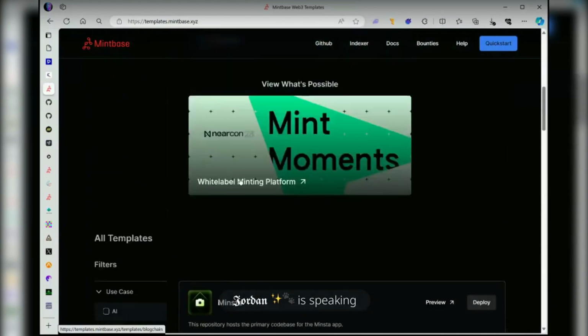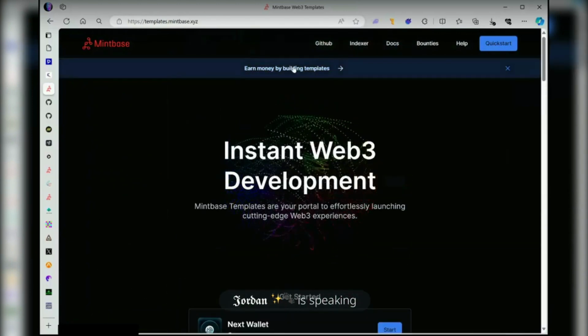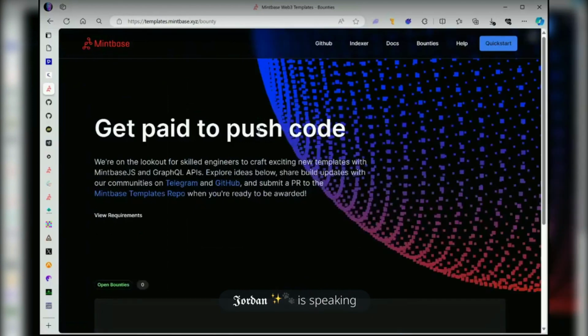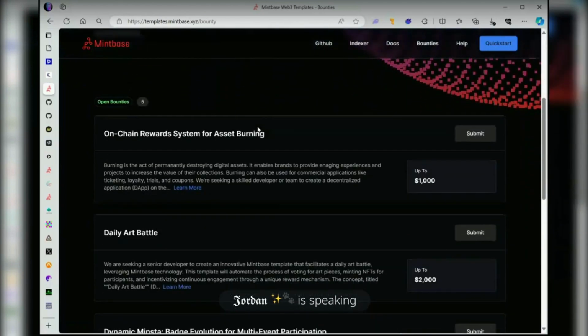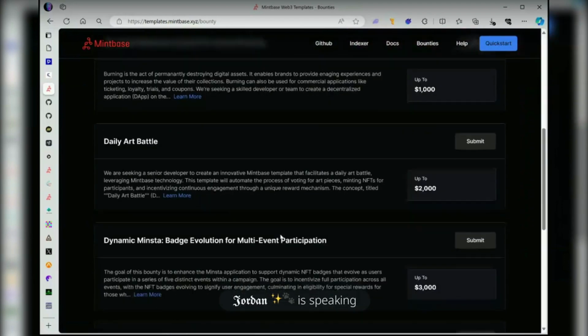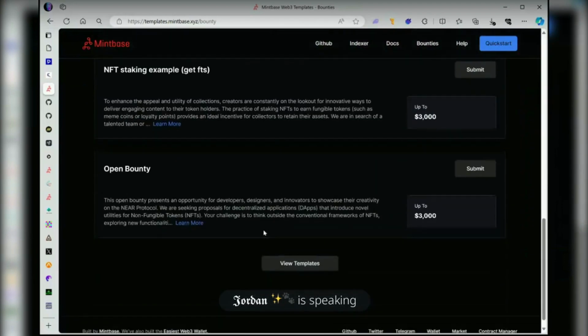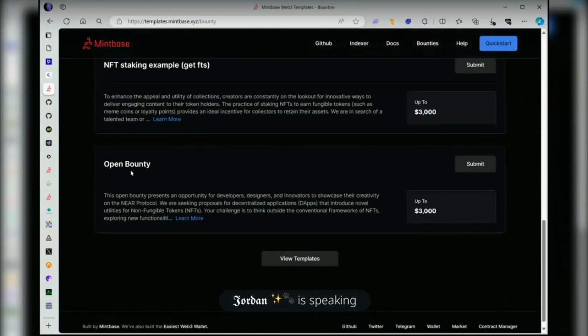And there's also an opportunity to build even more utility around those NFTs with the open bounties that exist. There are certain things that people have bubbled up as interesting things to build. But there's also the open bounty, where if somebody has an idea of how to add utility to NFTs, they can put forth the idea and discuss with the community, and if it sounds good, move ahead with actually building that out.